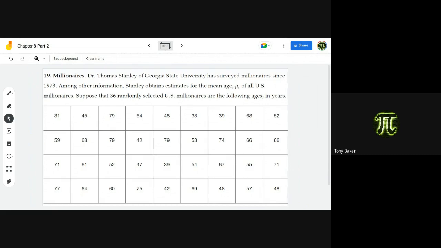Based on this, is it a simple random sample? Yes, they randomly selected. Is it normally distributed? Yes, we've got 36 of them. We're going to assume it's normally distributed. So what do I now need to know to determine which test I need to use?